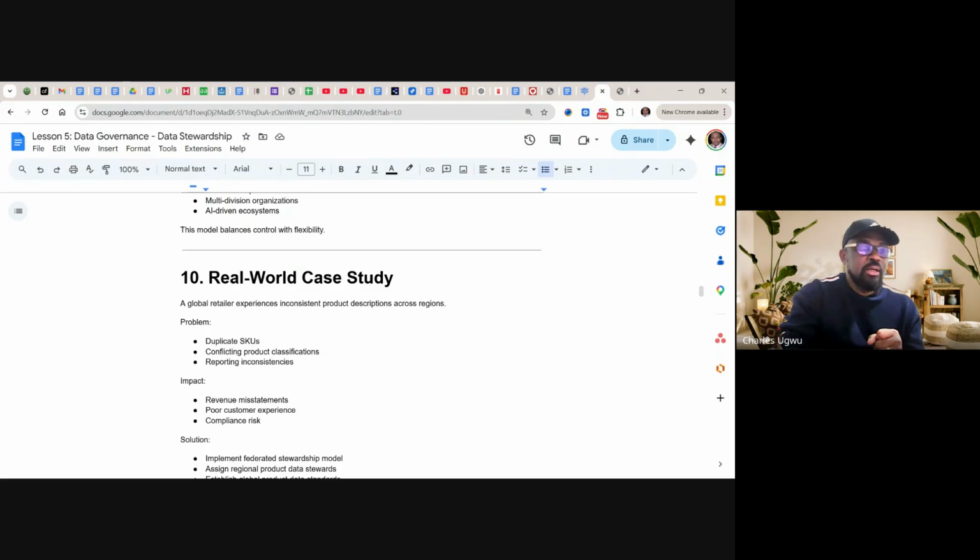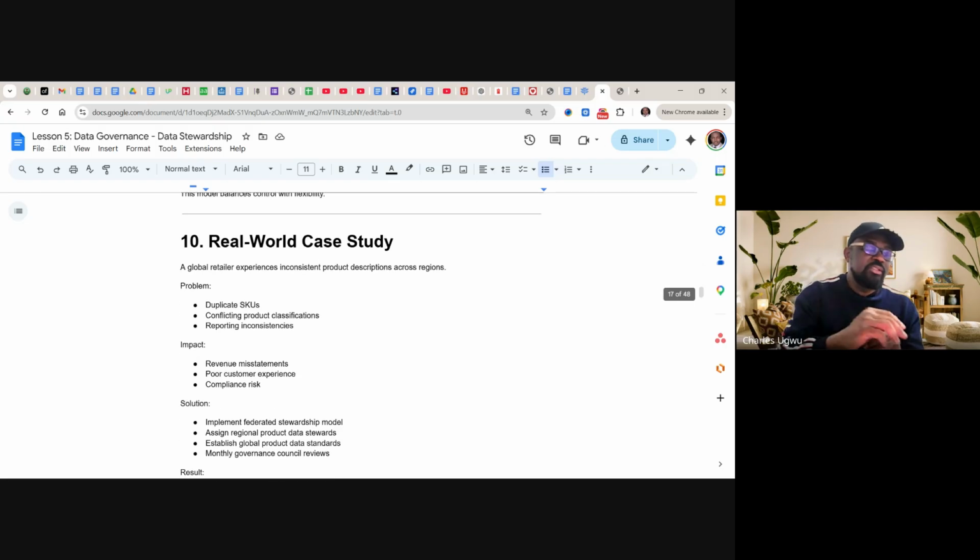A global retailer experiences inconsistency in data description across regions. The problems here are duplicate SKUs, conflicting product classification, and reporting inconsistencies. So it's all about data duplicates and data inconsistencies. That's what they are facing.